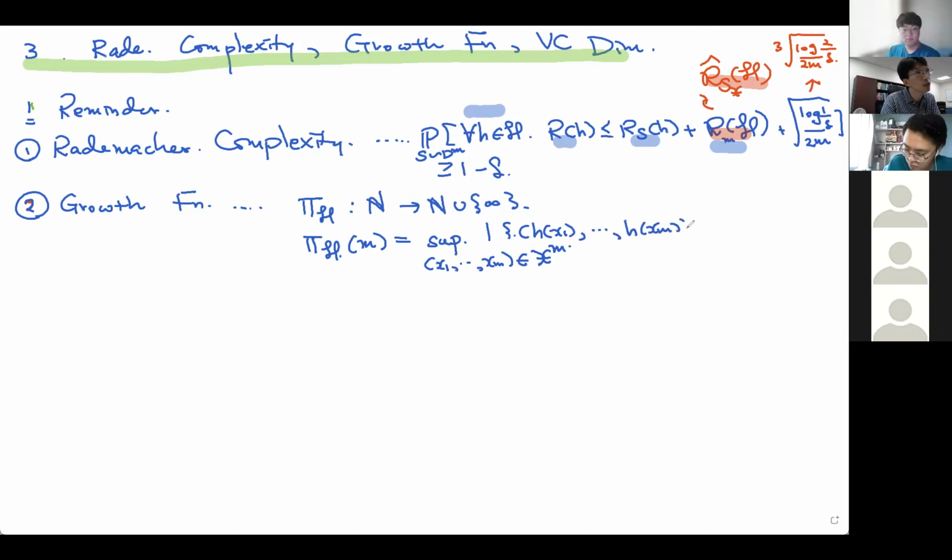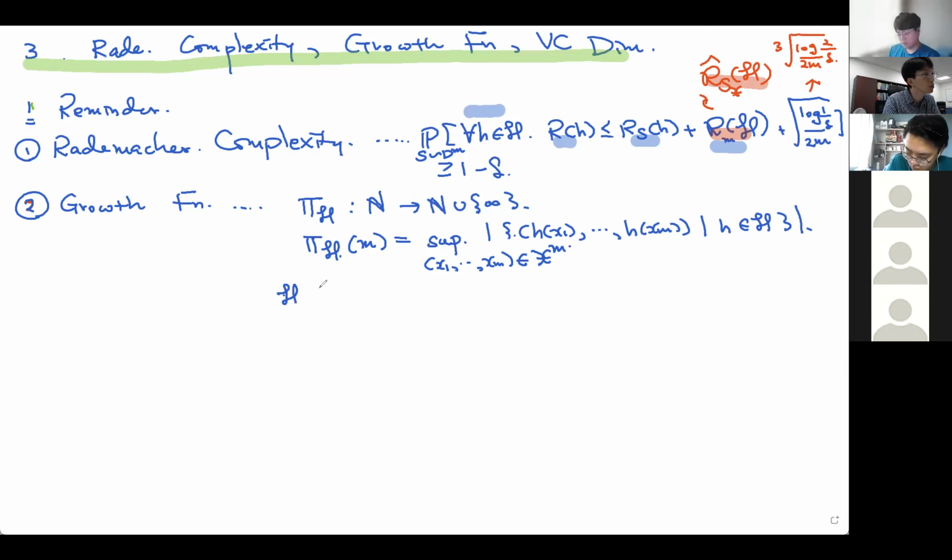But instead of just using one hypothesis, we are considering all the hypotheses. And the specific context we are dealing with is the context of classification.